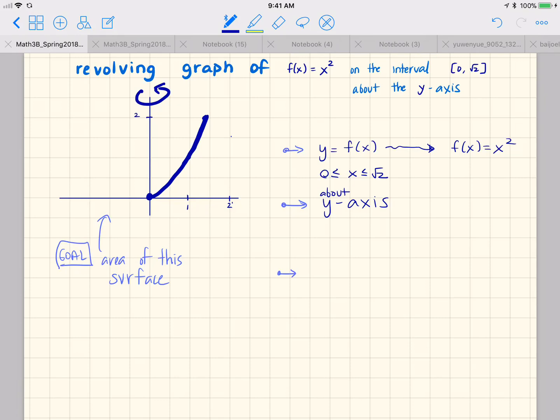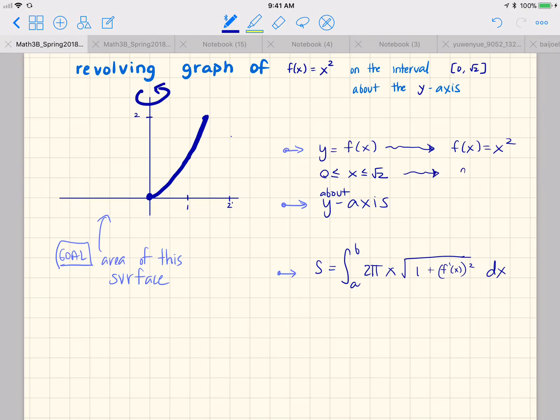So the formula that we'll need is S, surface area, is equal to the integral from a to b of 2 pi x times the square root of 1 plus f prime of x, quantity squared, dx.